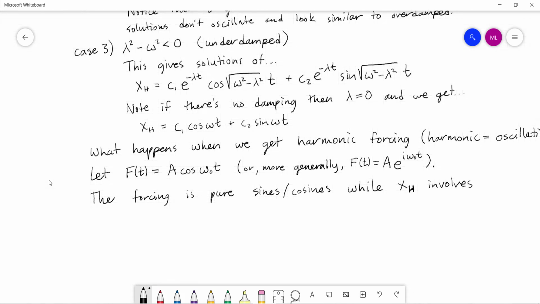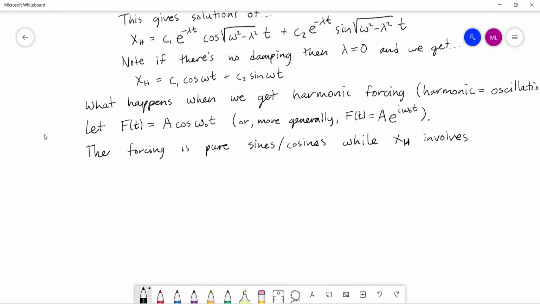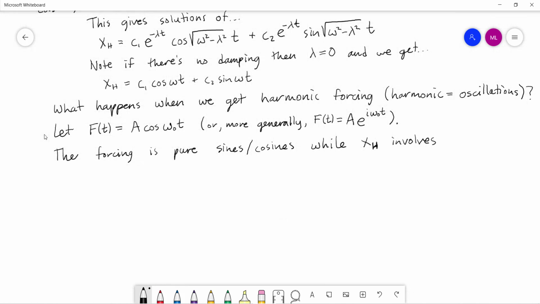So depending on all of those values, it involves other terms, potentially some sort of negative exponentials. If we have damping, there's some negative exponentials involved. So any damping will lead to something involving negative exponentials.